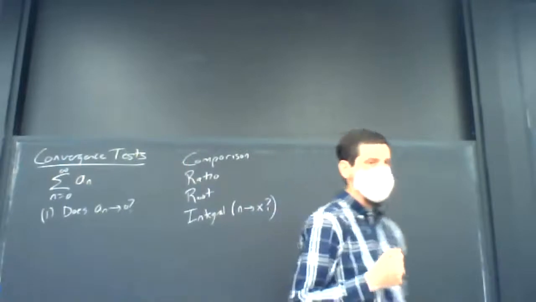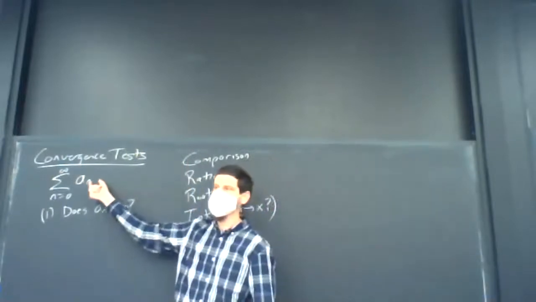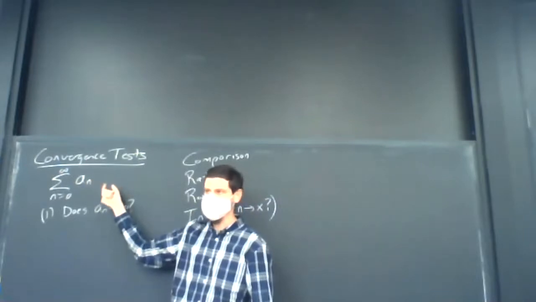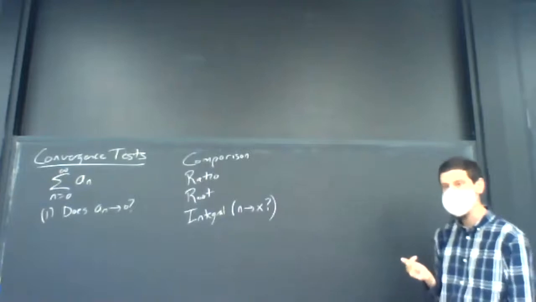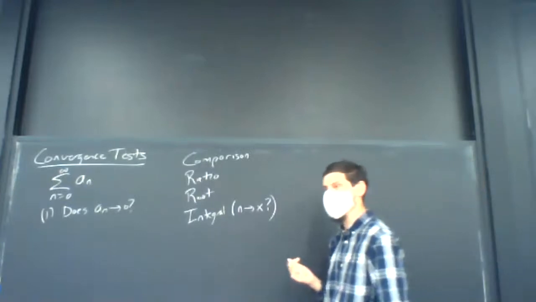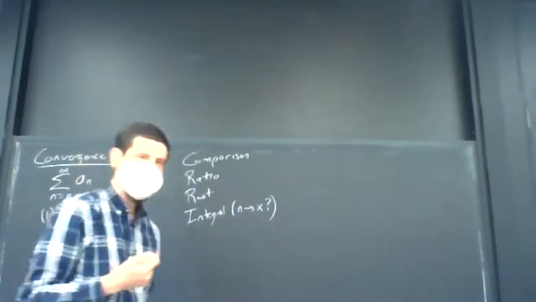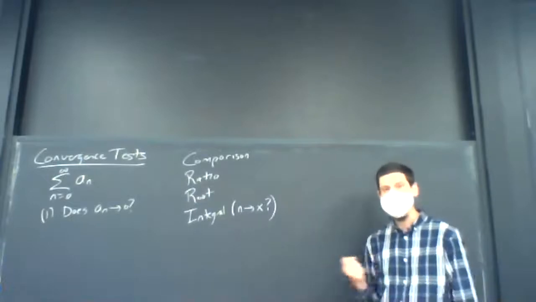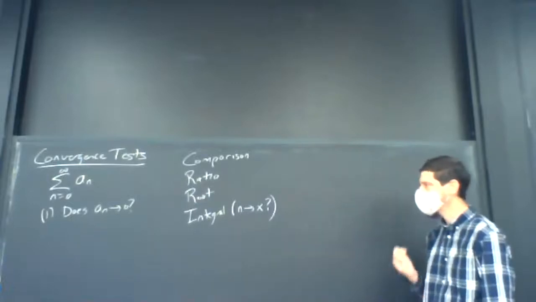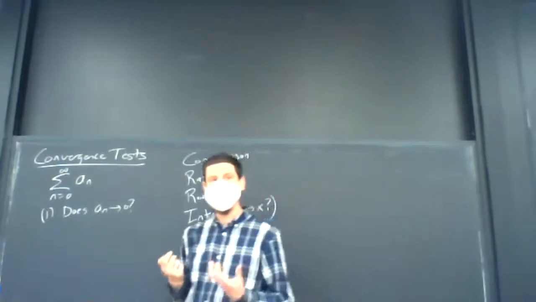For the integral test, you want a sequence where the terms are either non-increasing or non-decreasing. The integral test will not only tell you whether or not it converges, but it will give you a sense of what it converges to, a good approximation to the value. And you're not going to be off by that much. With a little bit more work, you can actually get some really good estimates as to how close you are.